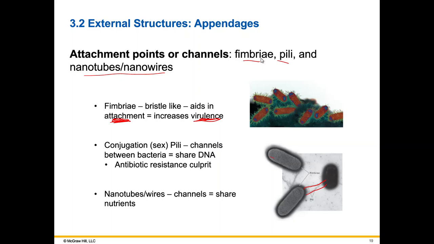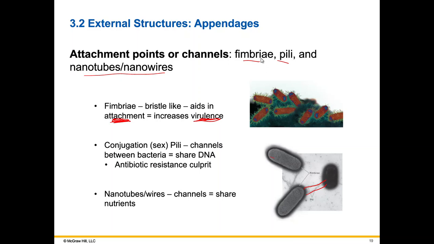Typically, when bacteria divide and produce more cells, y'all should have heard about mitosis in A&P or biology. Technically their process is called binary fission, but it's similar to mitosis in a way, where the cell duplicates its genetic material and then divides. So that doesn't lead to any genetic variation though. The genetics of the progeny will be the same as the parents.